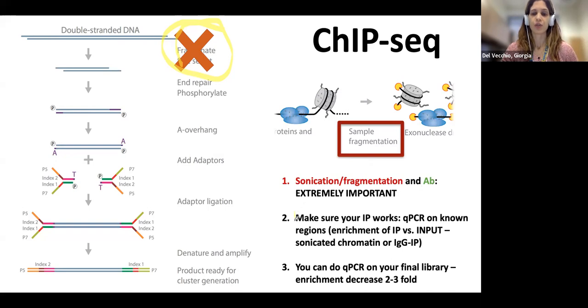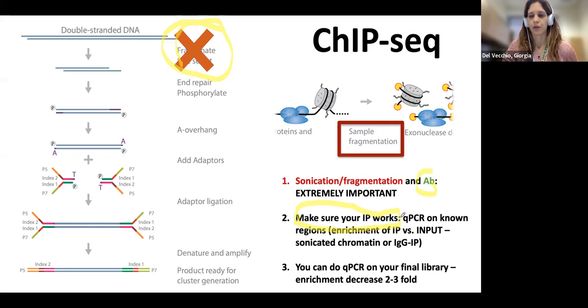So we need to make sure that everything works properly, so that the sonication or fragmentation parameters are giving us fragmented DNA of the size that we want. And we need to make sure that the antibody is working.